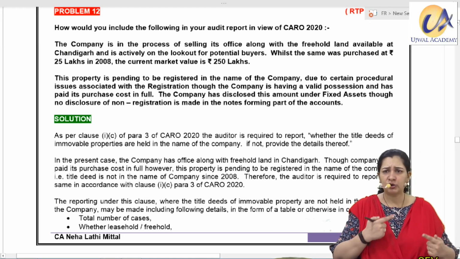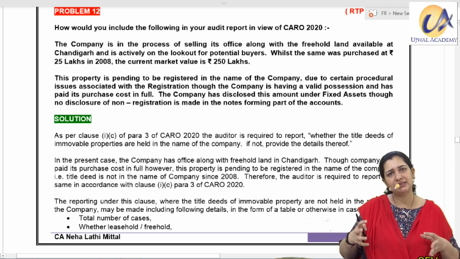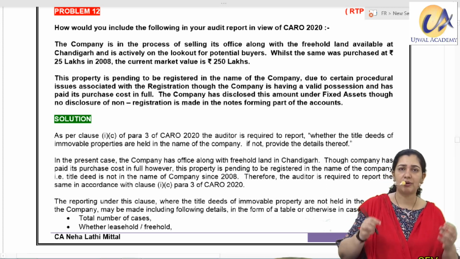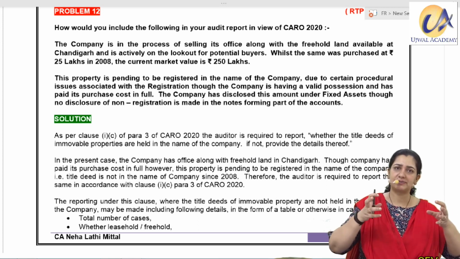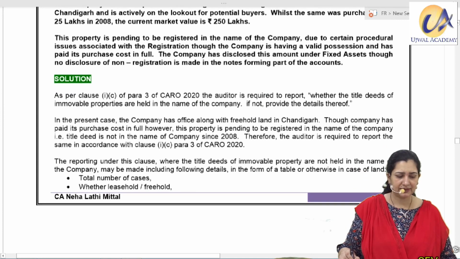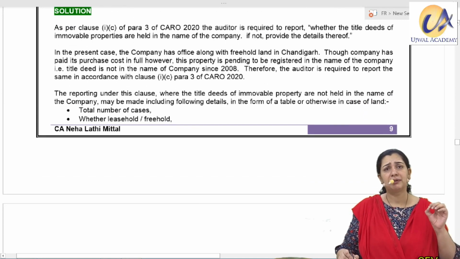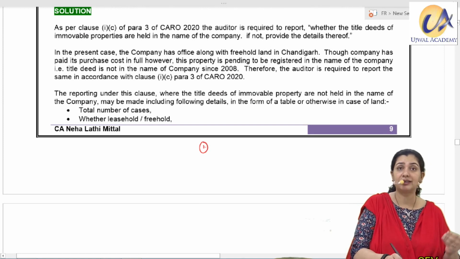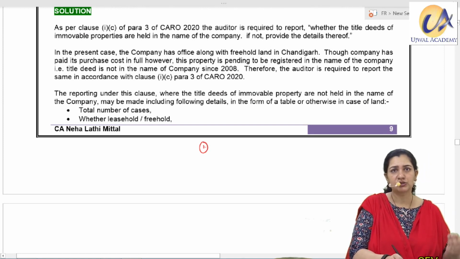See, the question is changing, but the basic answer format remains the same, right? How are you going to mention it? First, you talk about the clause which is there, then you explain the particular case, and then your final conclusion. Any kind of practical problem, we always solve it in the same manner, right? So first we write about the given case. We can have an introductory paragraph about the case.